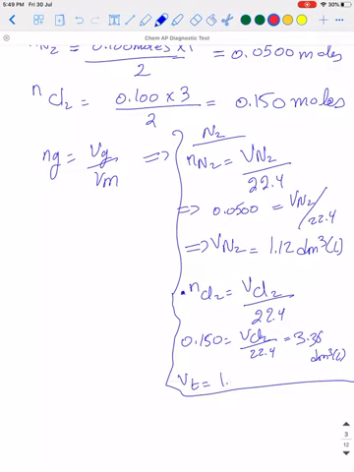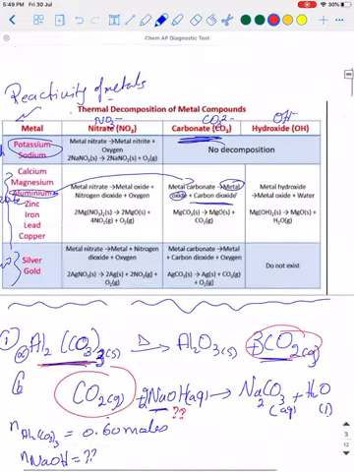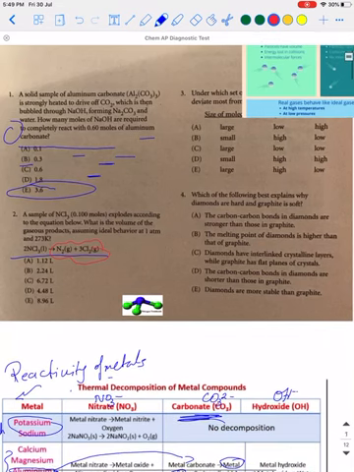So the V total he's asking about is 1.12 plus 3.36, because he's asking about the total volume, which is 4.48 liter or dm cube. Like this, we found the answer, and the correct answer is this one.